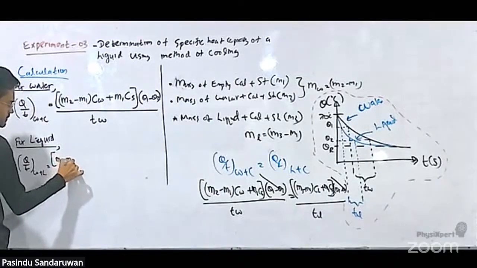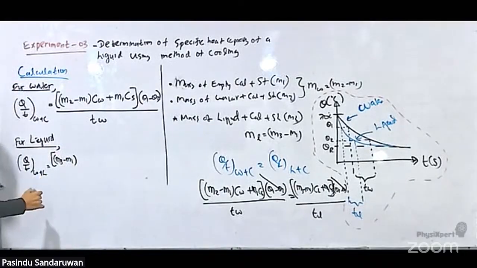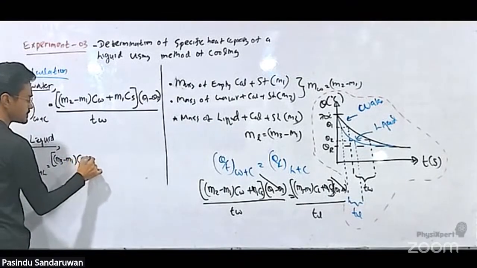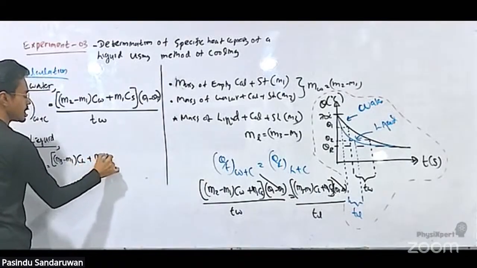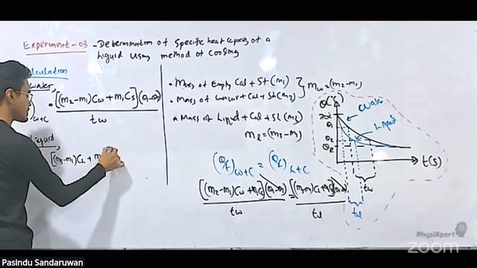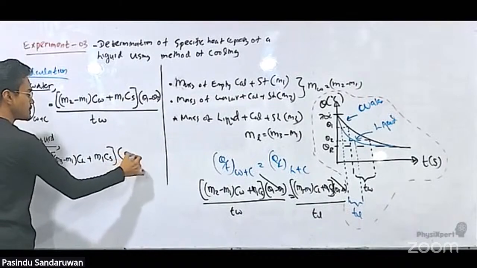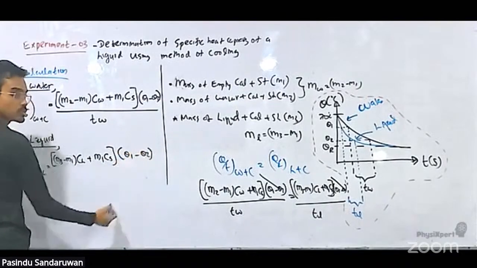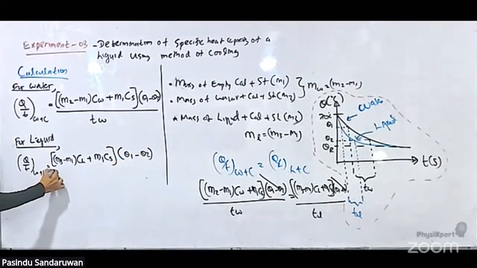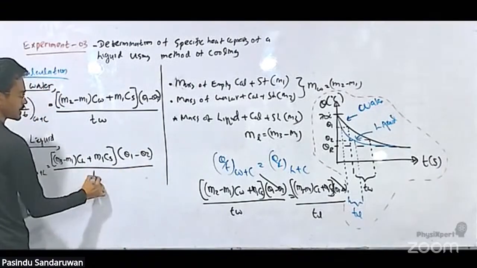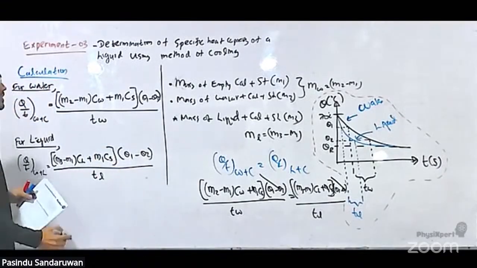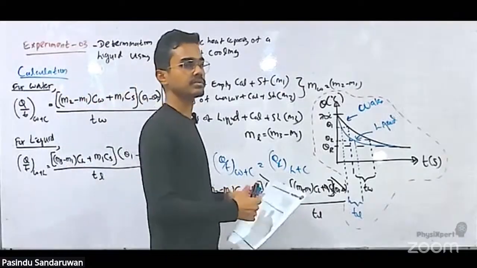M3 minus M1, the mass of liquid, times C of liquid, plus calorimeter M1 Cs, with the same temperature difference, theta 1 minus theta 2, over a time interval of TL. Mention these two.